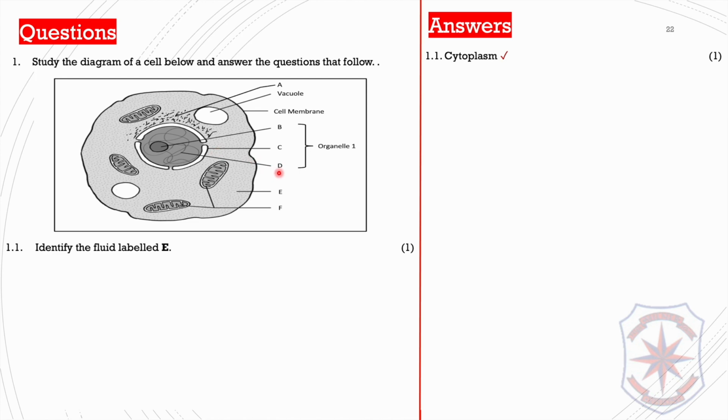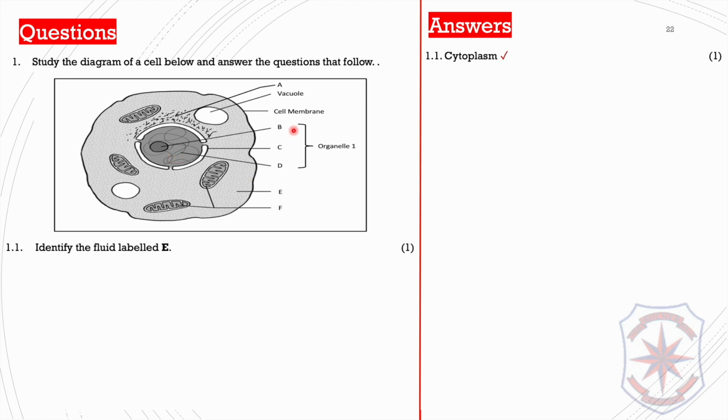And then D, be very careful, follow the label line and check precisely where it is labeling. As you can see over there, the label line is on this thread. So this thread, the answer, is chromatin network, and we know chromatin network is the cell's genetic material, or DNA.